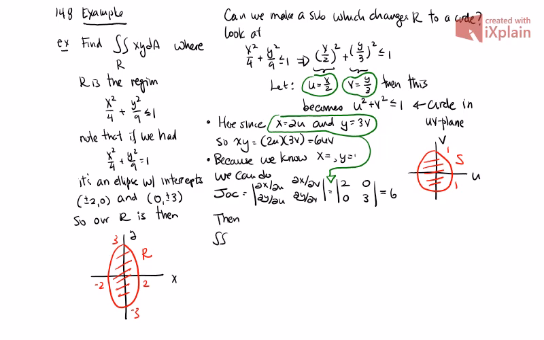So then the integral over R, the beginning integral, becomes the integral over S of the integrand, now 6uv, times the Jacobian, 6. That's the absolute value of 6. The absolute value doesn't matter, but I put it there as a formality because the formula had it. And then dA. Now stop and take a look at this: S is a circle, which we would traditionally do in polar.